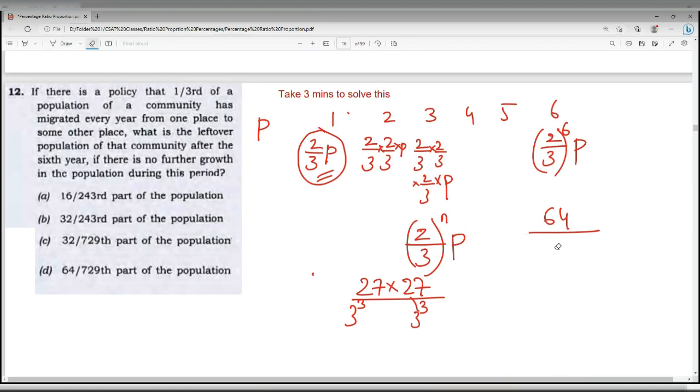So in the denominator, it would be 729. The correct option is option D.